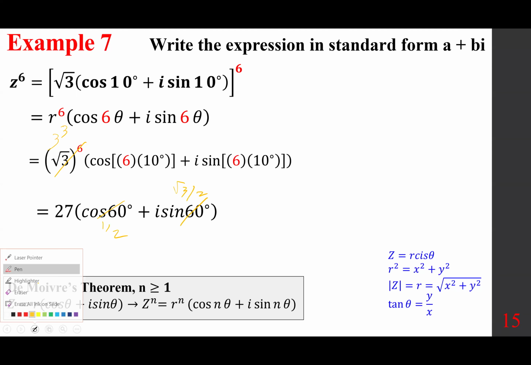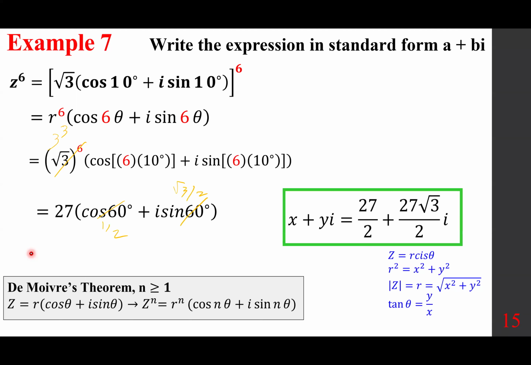Sine is the square root of 3 over 2. So we have x plus yi, or a plus bi, is 27 halves plus 27 square root of 3 over 2 i. So in the form of a plus bi or x plus yi, that means the standard form of a complex number.